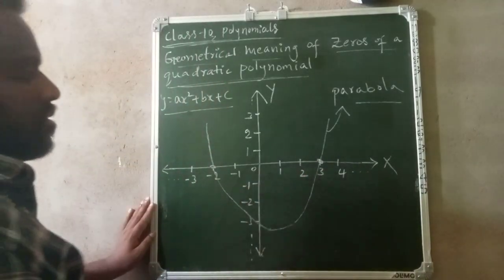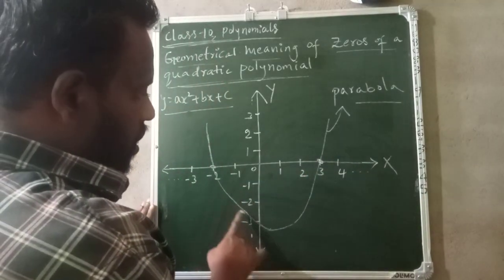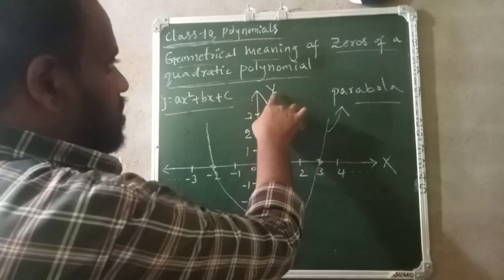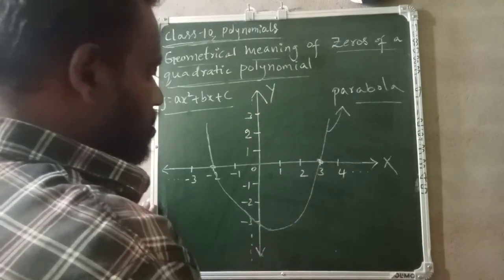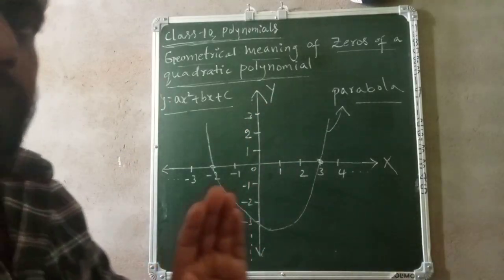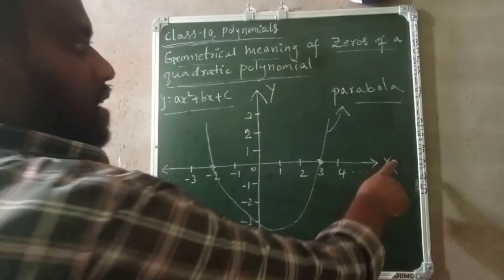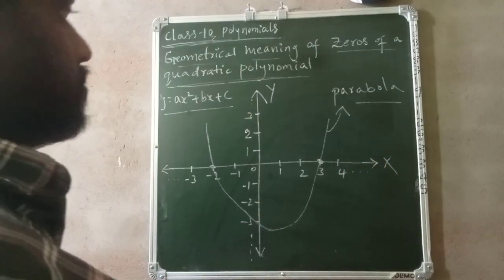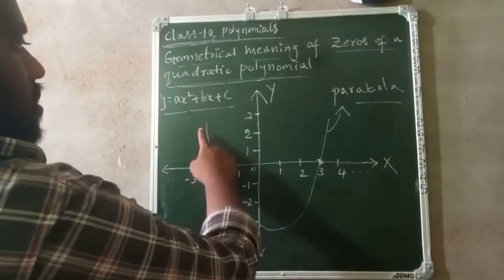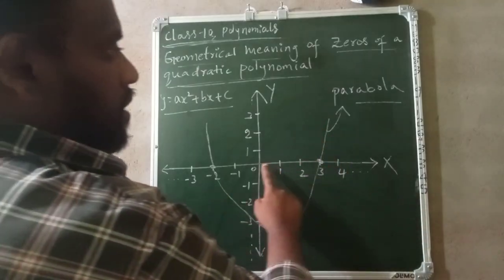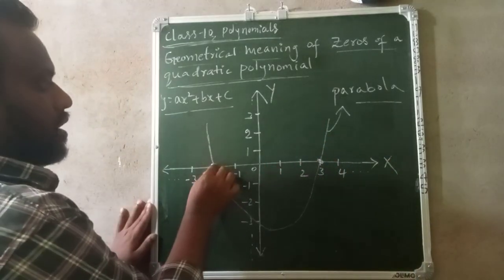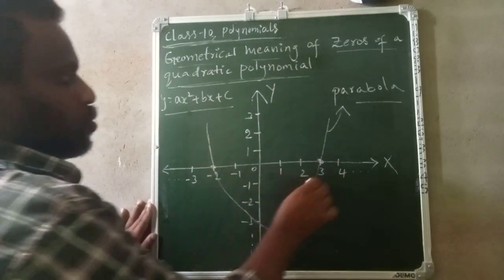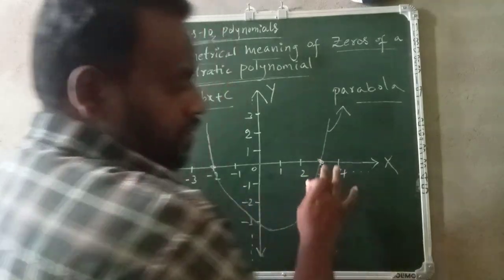Okay, so here also the graph or curve is cutting, but this is the y-axis. To identify zeros, we have to see only the x-axis. See, this curve cuts the x-axis at 2 points, -2 and 3.